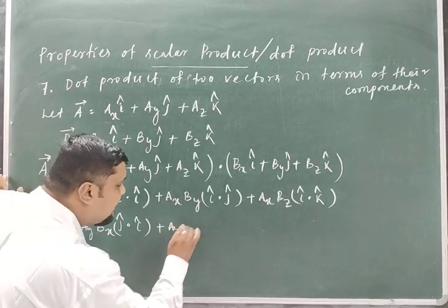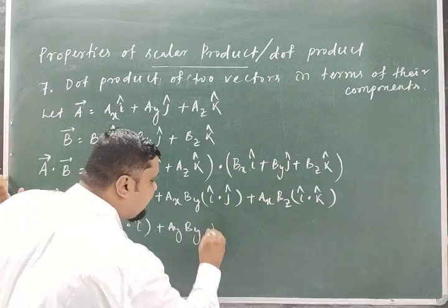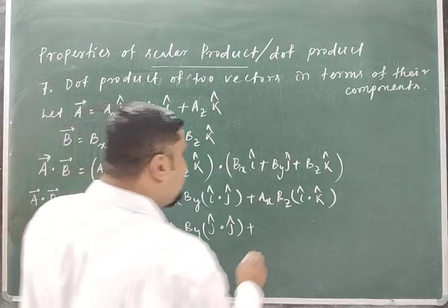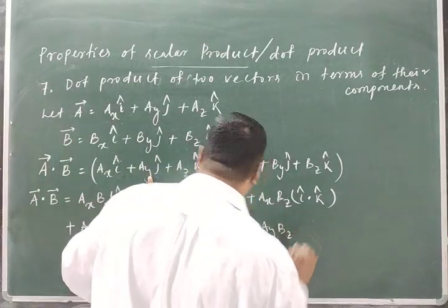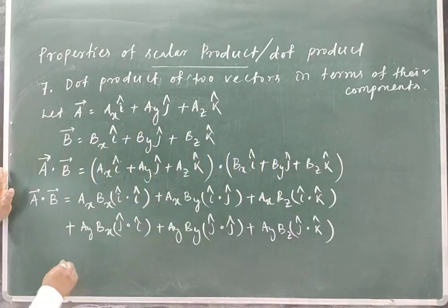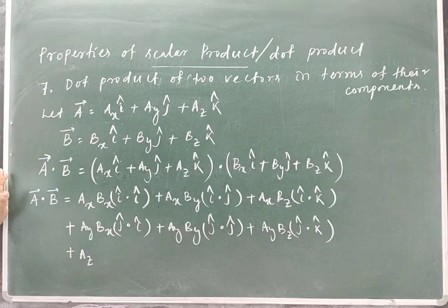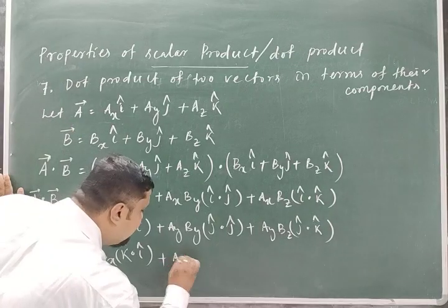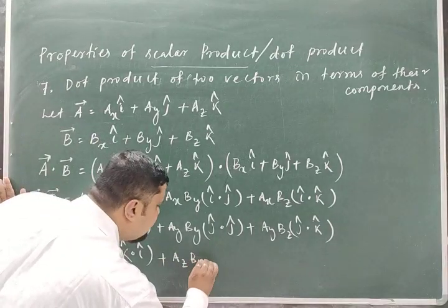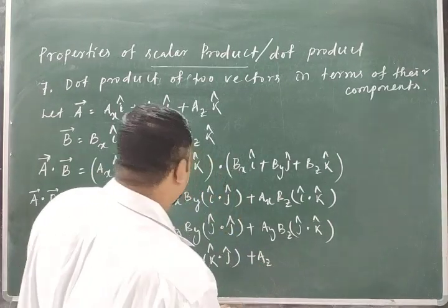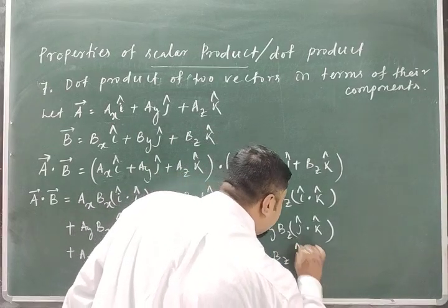Plus ay by j cap dot j cap, plus ay bz j cap dot k cap, plus az bx k cap dot i cap, plus az by k cap dot j cap, plus az bz k cap dot k cap.